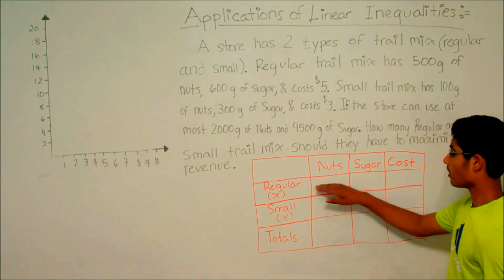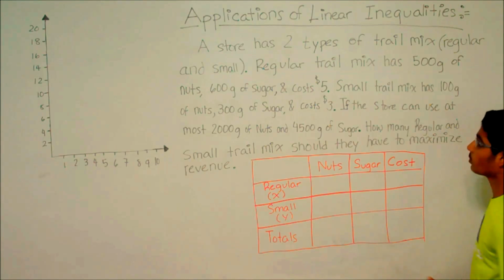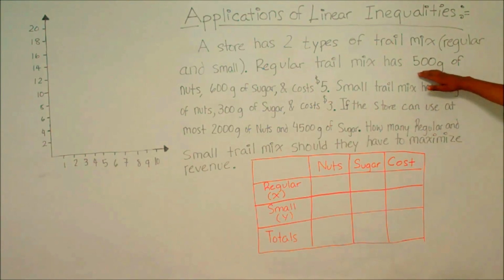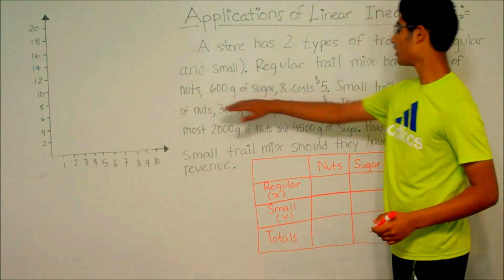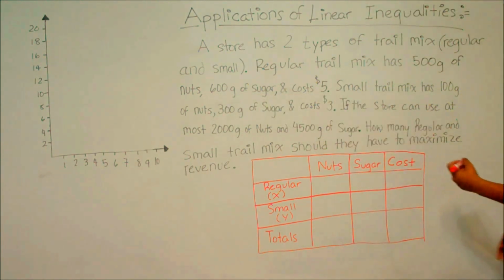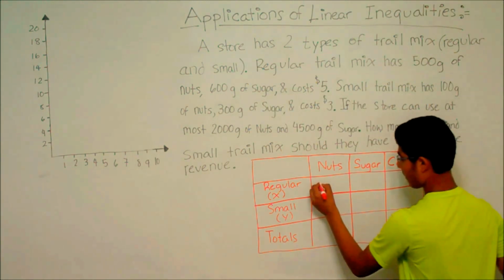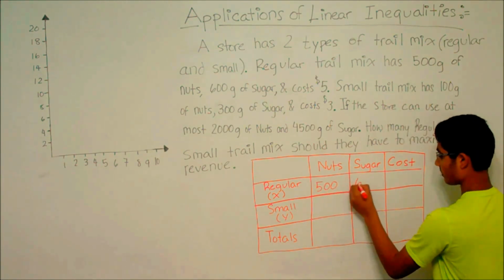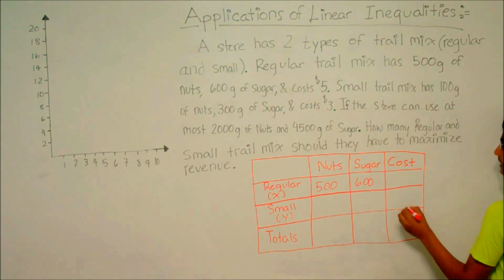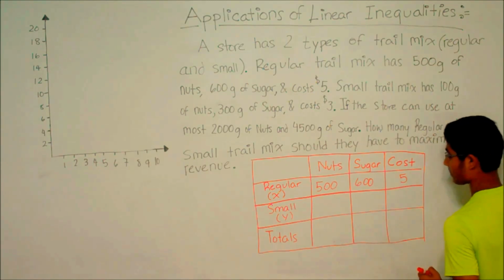So, for the regular trail mix, we know that it has 500 grams of nuts, 600 grams of sugar, and costs $5.